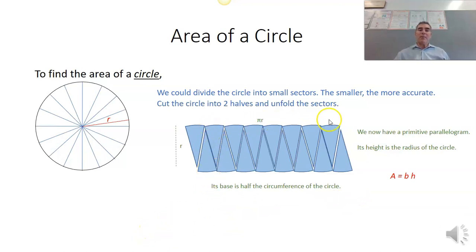Our base is the length across here, which is pi r, and our height is r. Putting those together, with a bit of algebra, we get that our area is pi r squared. So the area of a circle is pi times the radius squared.